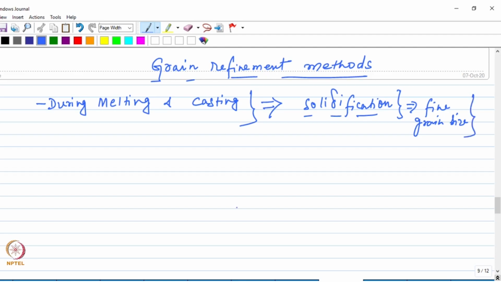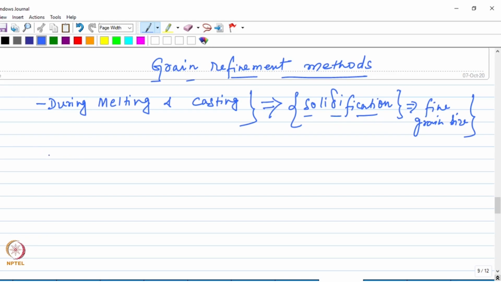So you need to do something during the melting operation before the casting is done, so that you provide some driving force for the grains to be refined or broken down into smaller sizes.